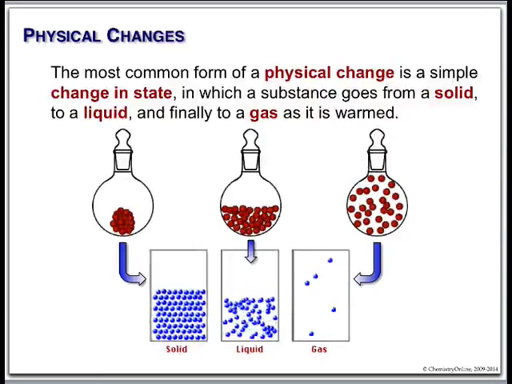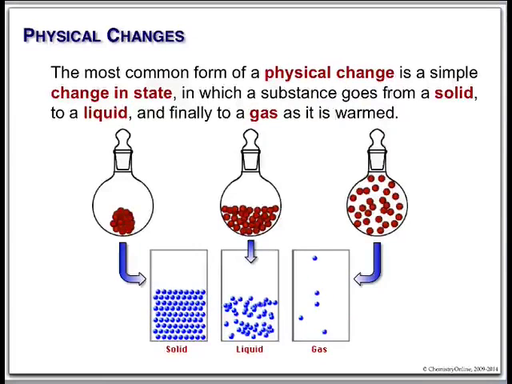Solids will have a defined shape and a defined volume. So we have a rock. The rock has a shape and the rock has a volume. It doesn't matter what container you put it in.